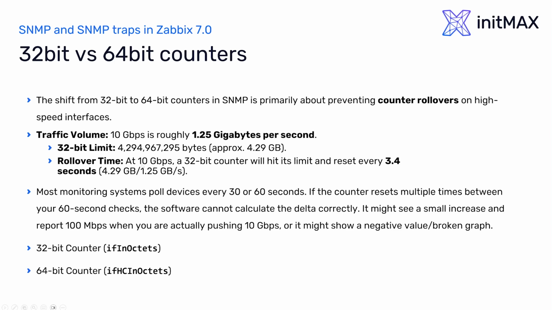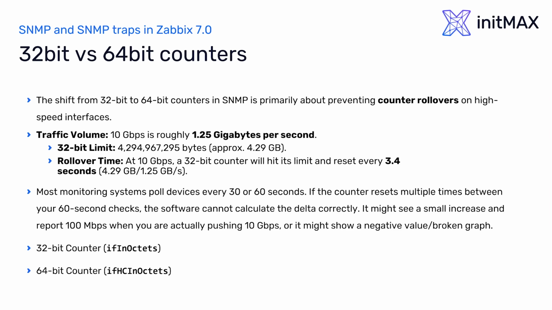Rollover time at this speed, which is nothing big for current times: a 32-bit counter will hit its limit and reset every 3.4 seconds.